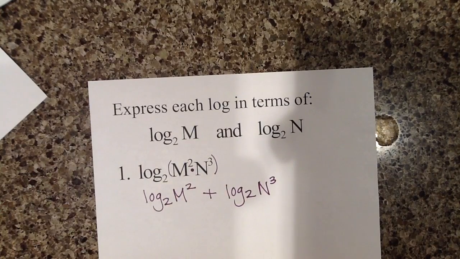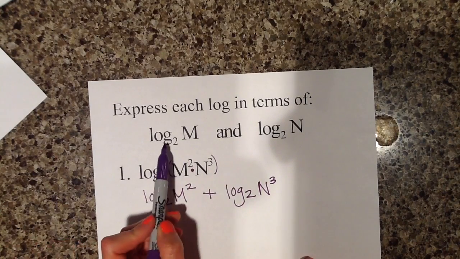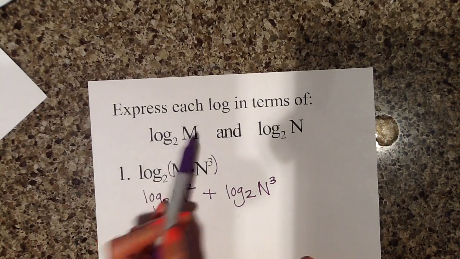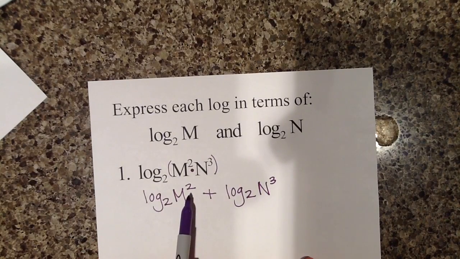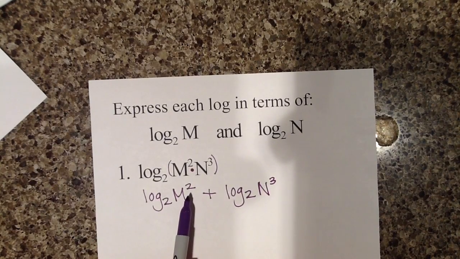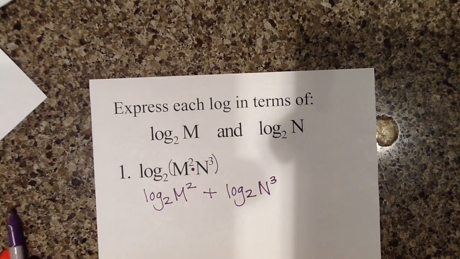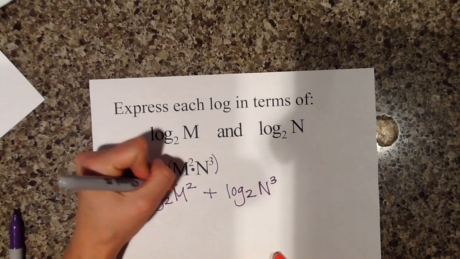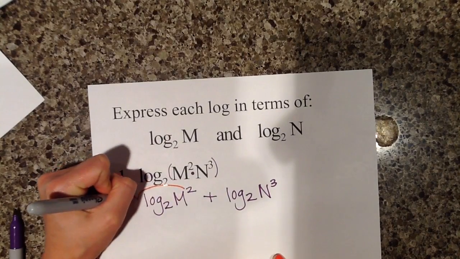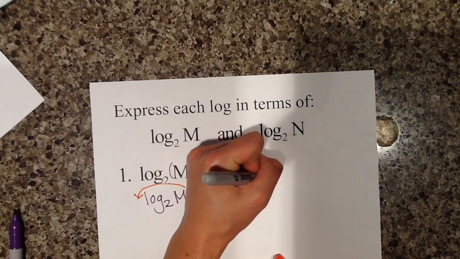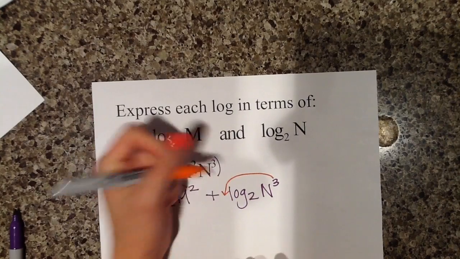Some of you might think, okay, we're done, but again, you want it to be exactly like log base 2 of m. Notice I still have this exponent of 2. According to the third property that we wrote down from the previous slide, this 2 can come down into the front. Same thing with this 3 over here.